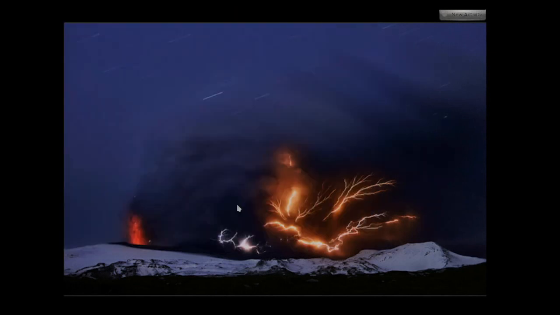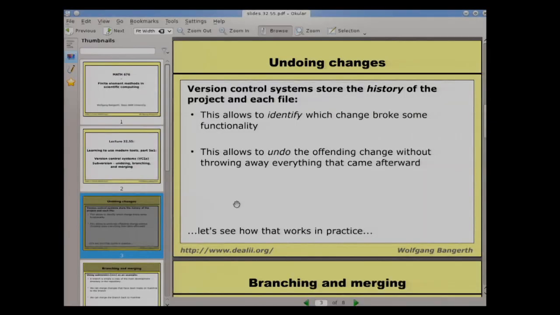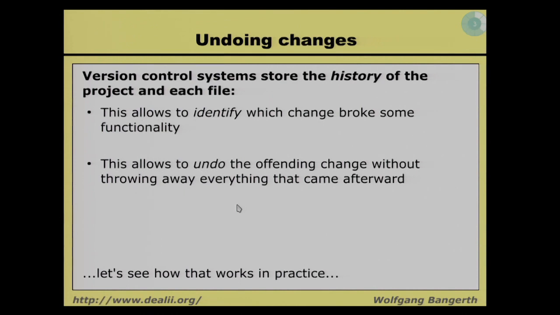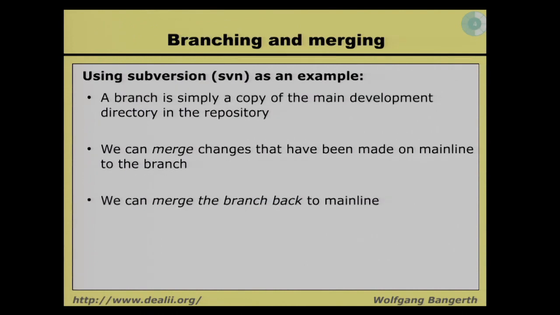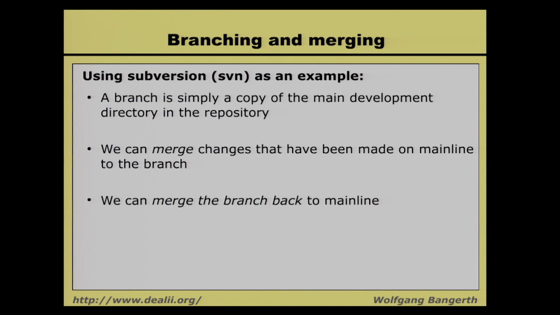So let me go back here and talk a little bit about branches. At the end of the lecture before, I talked about the fact that I'm going to show you how to do branching. I didn't get to it, but I will actually do this now. So branches in Subversion are essentially just a copy of the main development directory.